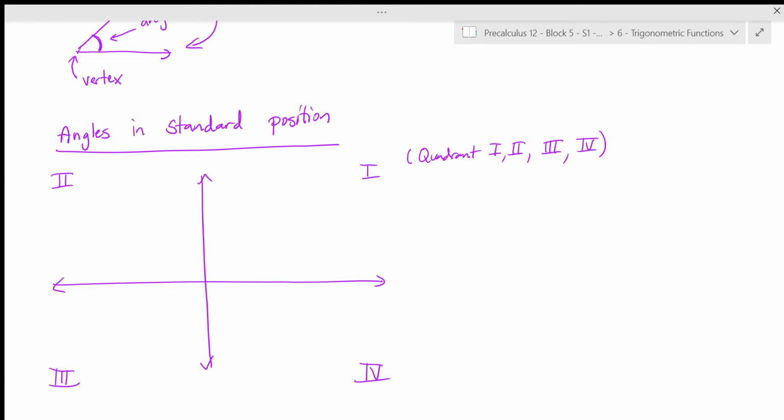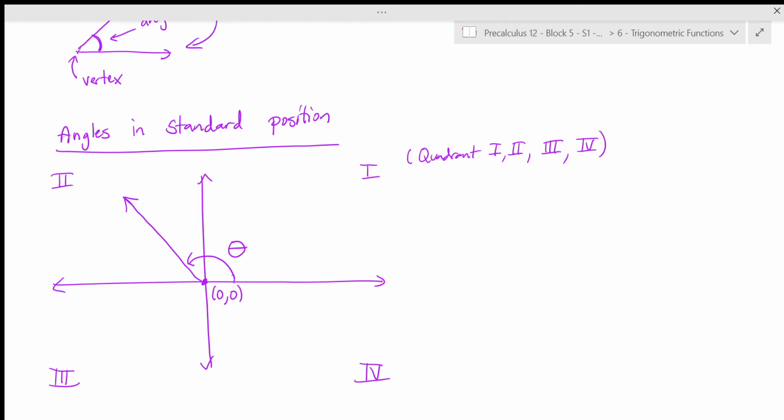Similarly, an angle in standard position is called theta, where the vertex of the angle is at 0, 0. One arm or side of the angle is the positive x-axis, and the other arm or side of the angle is rotating, and so it rotates counterclockwise starting from the positive x-axis.